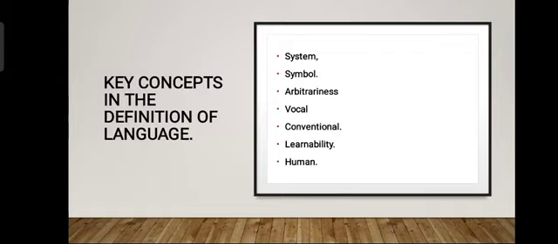Now we move to the fifth key concept, which is conventional. Language uses symbols, i.e., signs that must be accepted by the people of a particular speech community to use for communication. That's why speakers of one language can understand each other while those of the other language cannot.